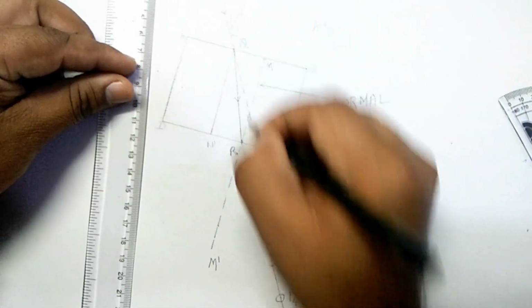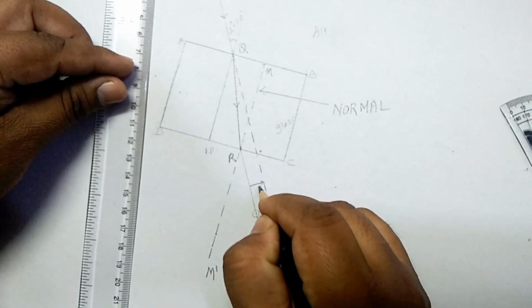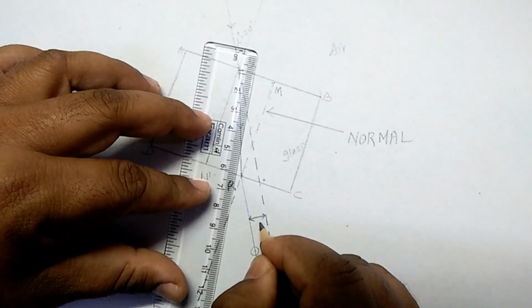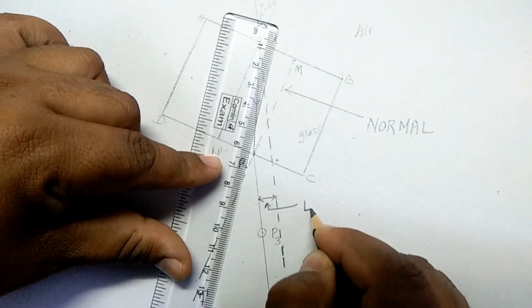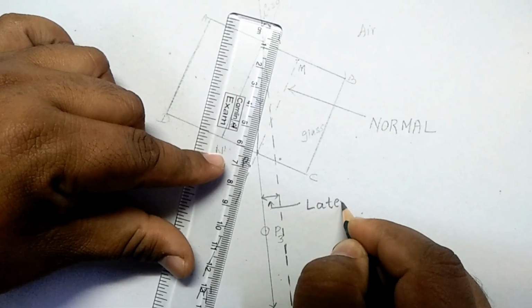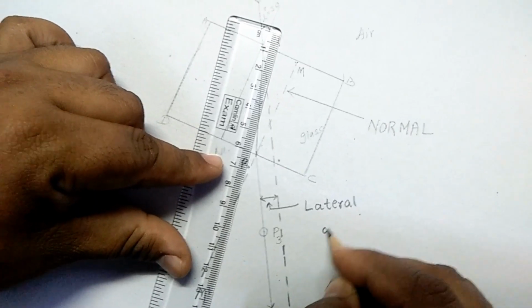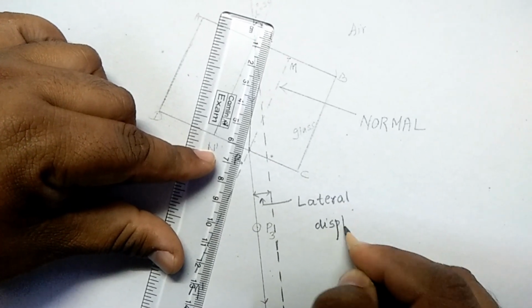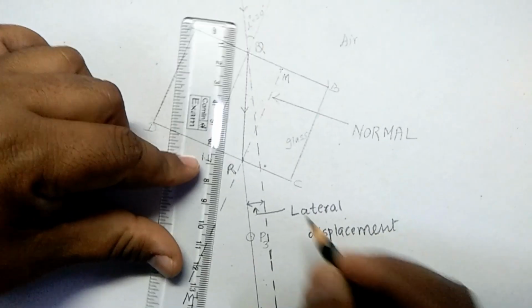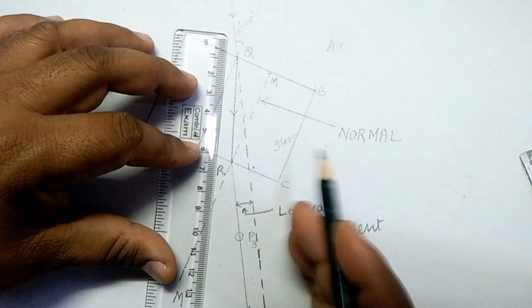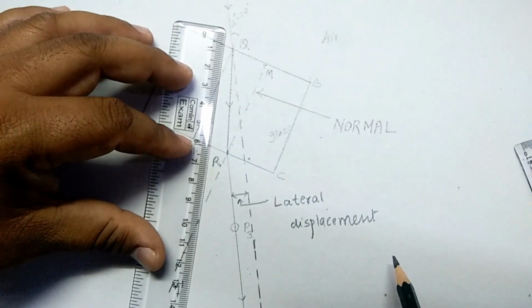So this is the path, and this shift which is out there is called lateral displacement. So the shift which has taken place from the main path is called lateral displacement.